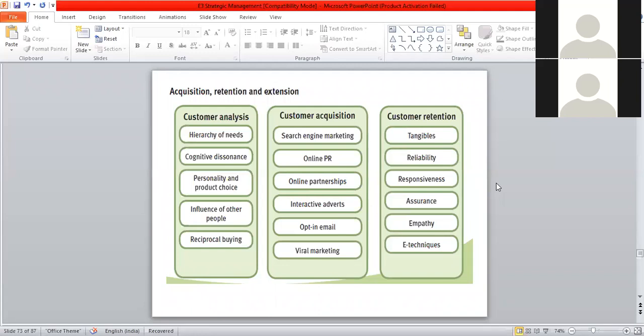So then interactive adverts. What are interactive adverts? When you visit certain sites, there are advertisements, sideways, upwards, downwards, scrolling, and all goes on the site.